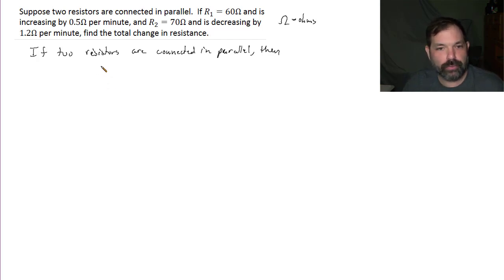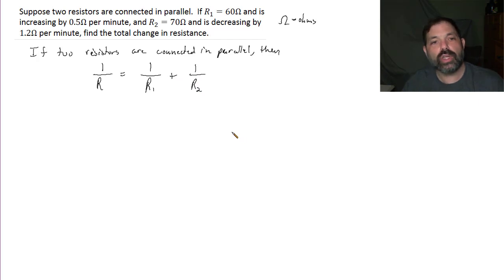So here's the formula. The resistance is such that 1 over R is equal to 1 over R1 plus 1 over R2. So why don't you take the problem from here and see if you can solve it.